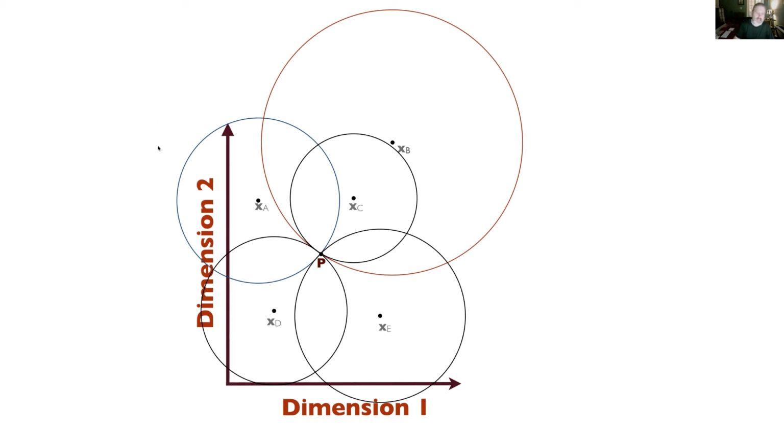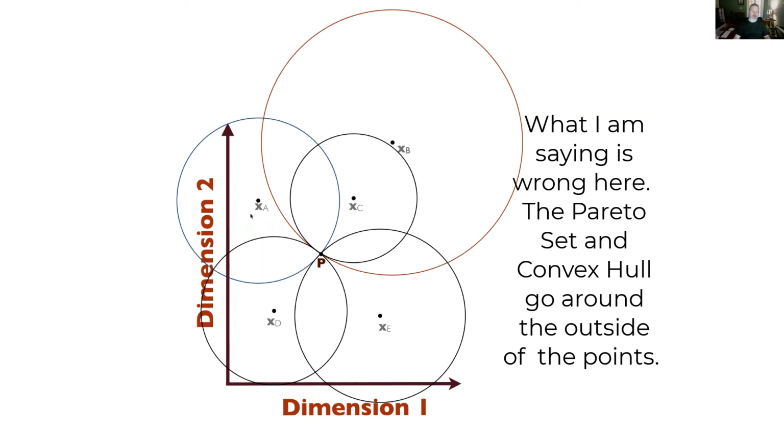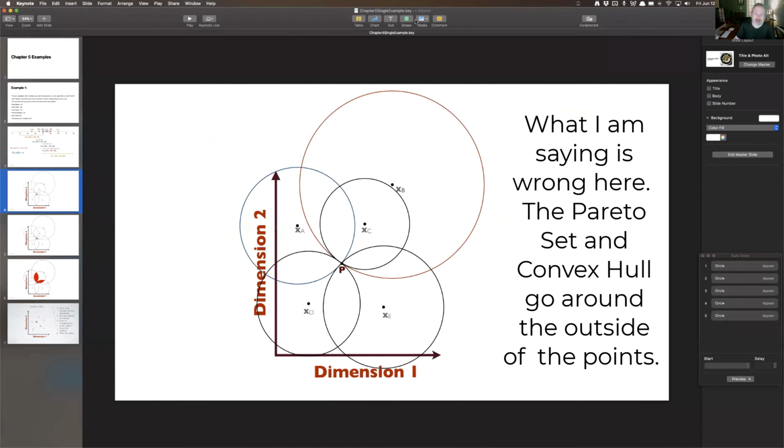The Pareto set in a two-dimensional spatial model is the convex hull around the ideal points. So you take a string, you tie it around, and you loop around each one going around. All right, the convex hull. So let me show you what that looks like by drawing it.